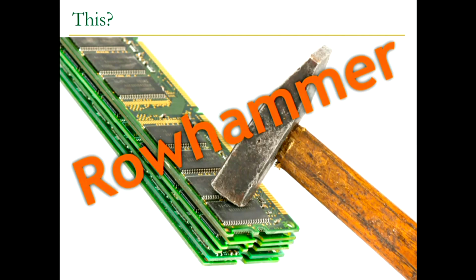Somebody can keep hammering a memory address, and as a result, some other unrelated memory address can flip to a 1 or a 0. So it can actually cause data corruption. And it turns out somebody else can exploit that data corruption to take over your system, to become root on your computer and get any data that they want.